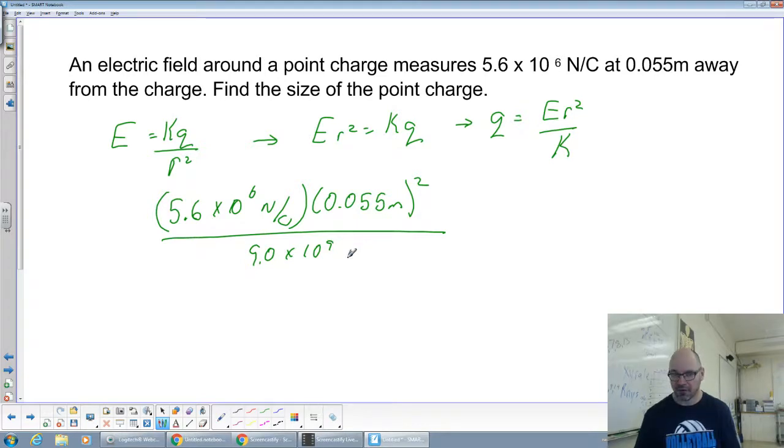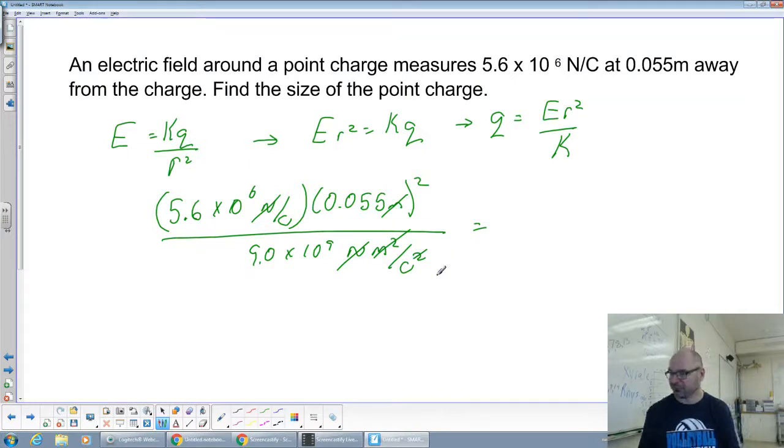What is it again? Newtons meters squared per coulomb squared. So the meters squared are going to cancel out, and obviously the newtons are going to cancel out. And one coulomb is going to cancel out. So we're going to be left with a coulomb answer.